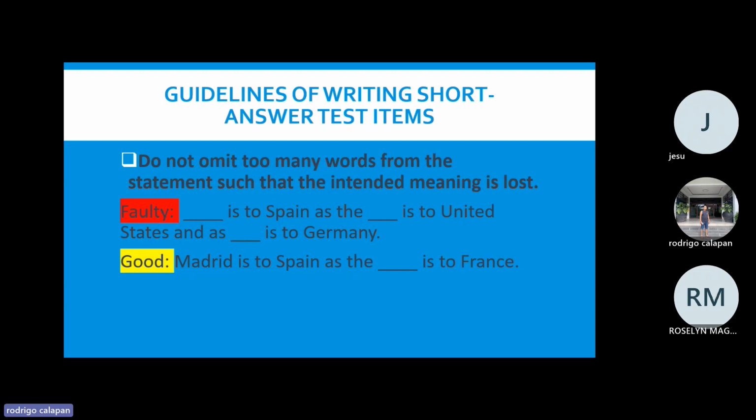So the faulty statement in item number 1 is prone to many and varied answers. For example, the student may answer the question based on the capital of the country or based on what continent they are located. However, item 2 is preferred because it is more specific and it requires only one correct answer.